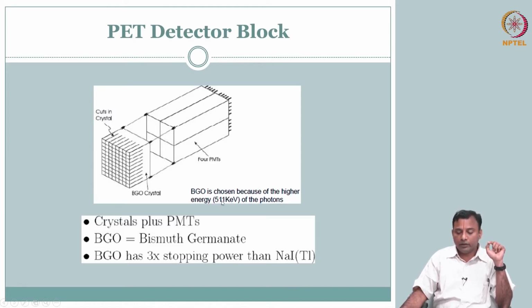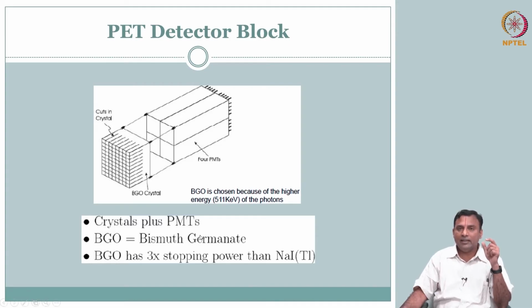So here you notice it is very tuned for 511 kilo electron volt compared to your sodium iodide. Compared to sodium iodide, this has 3 times the stopping power. That means it can be 1/3 the thickness. So it has its advantages, you see.